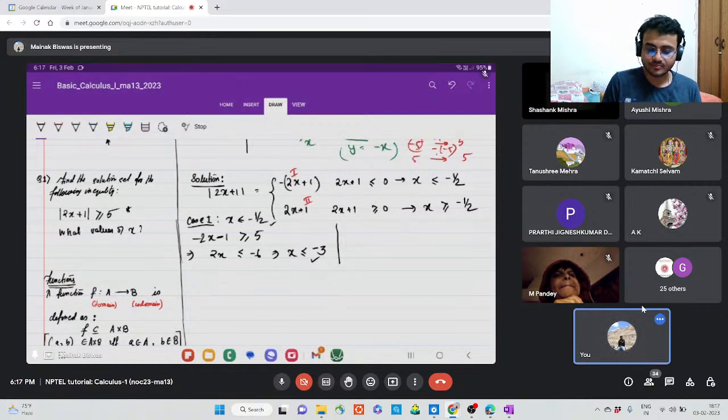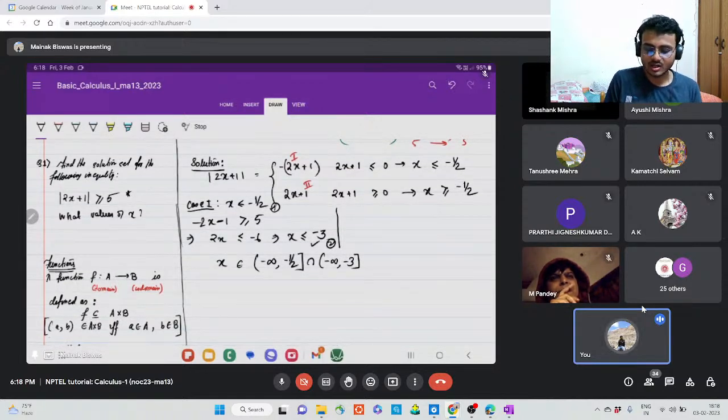It's nothing but the intersection of these two conditions, right? 1 and 2. x belongs to minus infinity to minus half intersection minus infinity to minus 3. What does it mean?